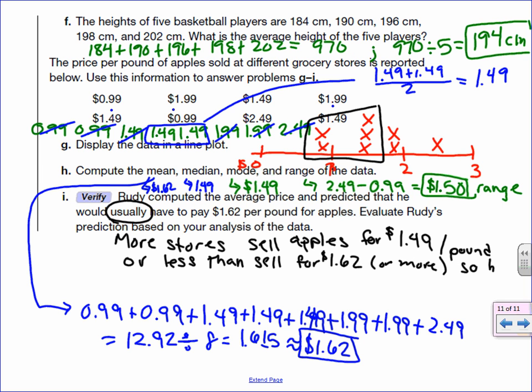So he will not usually pay $1.62. In fact, no stores sell them for $1.62, so he's not going to be paying $1.62 at any stores.